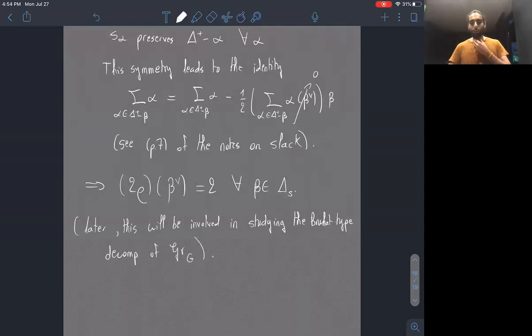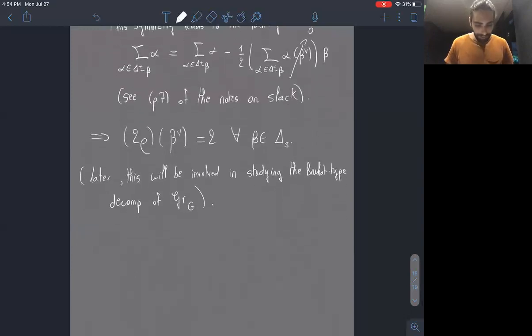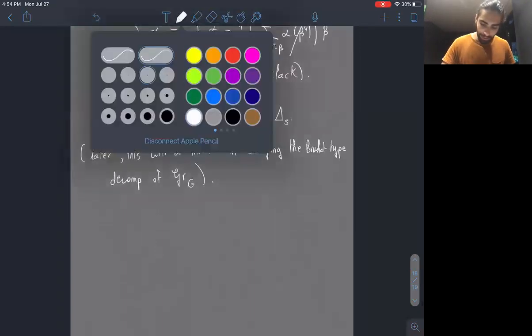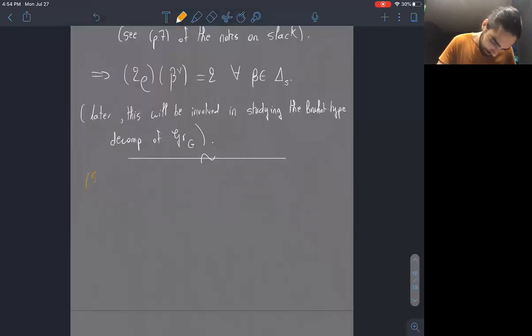And that's something Alberto will check on day 3 or 4. But to make sense of the Bruhat type decomposition, I thought I would start by talking about the Bruhat decomposition. And to do that, we first need to briefly introduce the Weyl group of G. So next section, we'll talk about the Weyl group and the Bruhat decomposition.